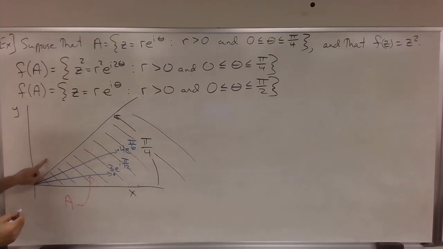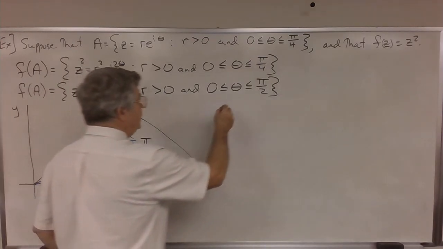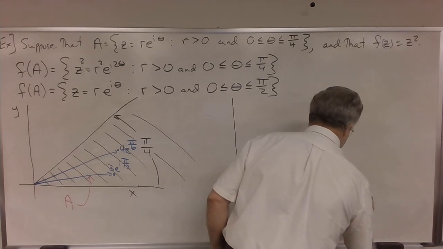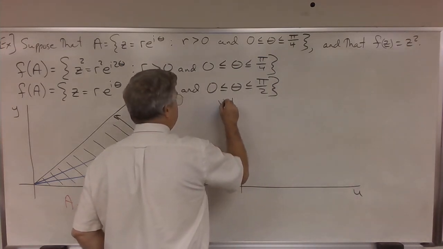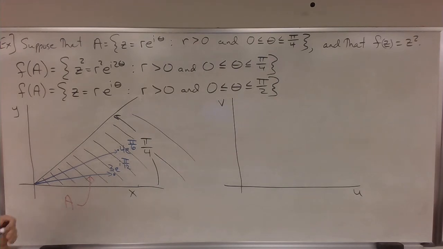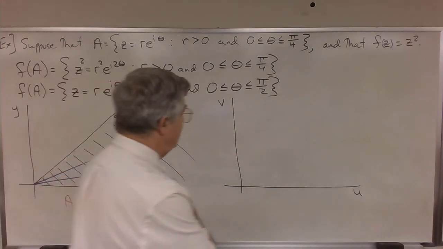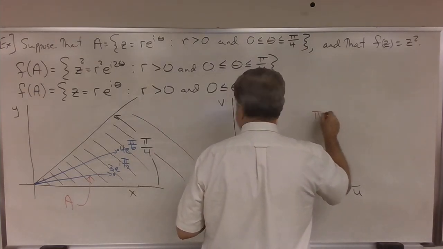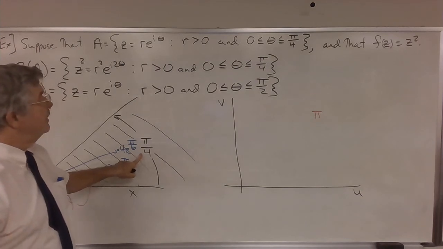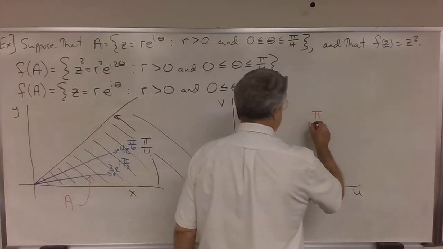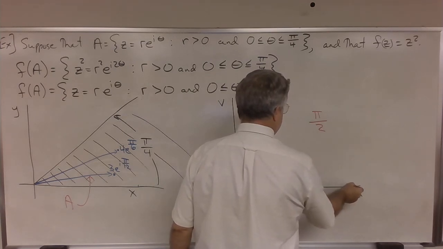Here is A. Let's look at the image of A in the UV plane. Our angle pi over 4 right here gets changed to pi over 2 by our transformation.